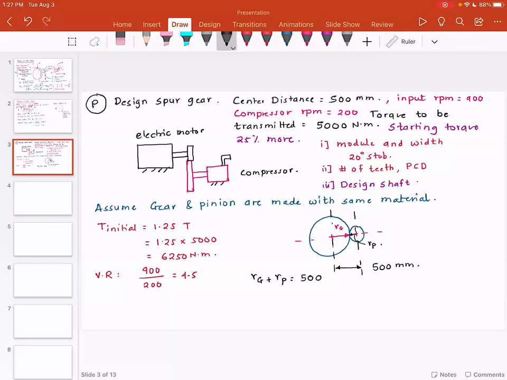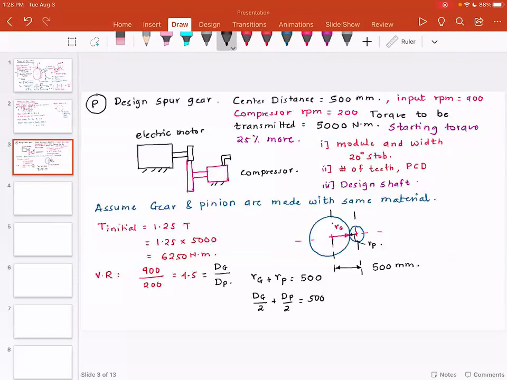In other words, diameter of the gear divided by 2 plus diameter of the pinion divided by 2 is equal to 500. And another definition of velocity ratio is nothing but diameter of the gear divided by diameter of the pinion.